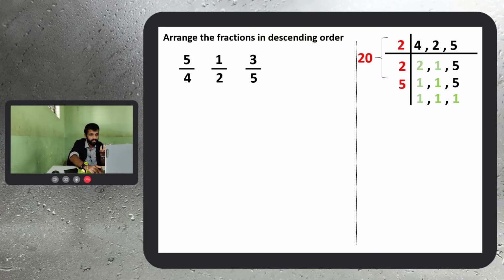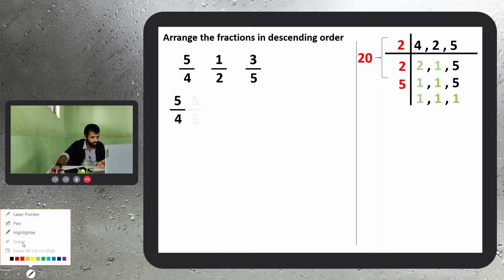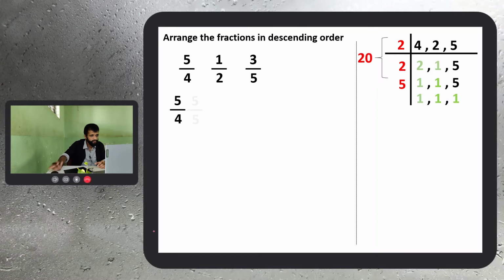Okay, and that would be, if you can think of, if I multiply 5, 4 fives are 20. So I can't just multiply in the denominator, I have to multiply it in the numerator as well. Okay. This is for one fraction.